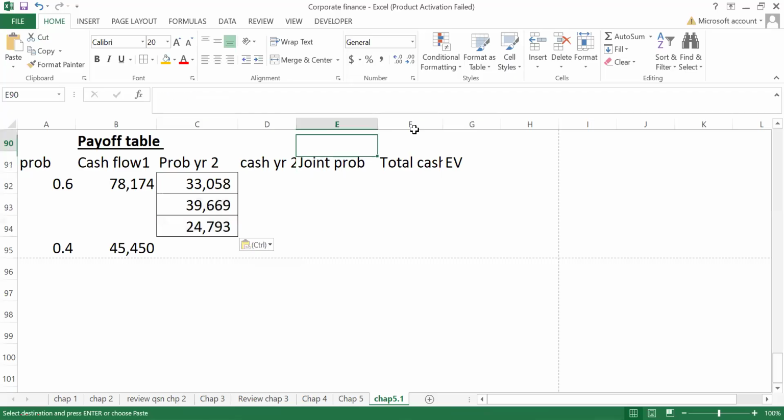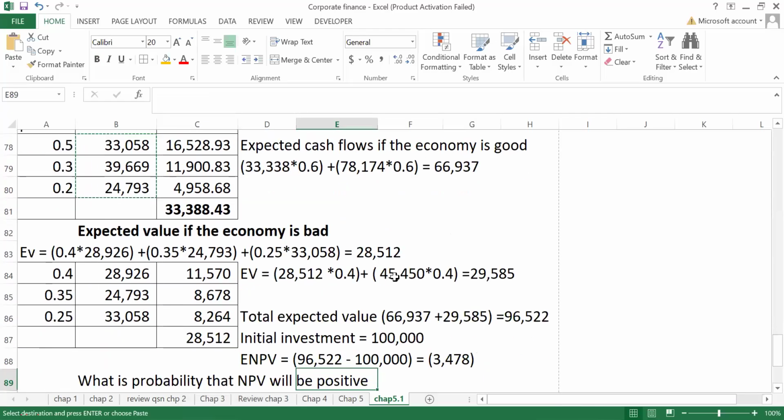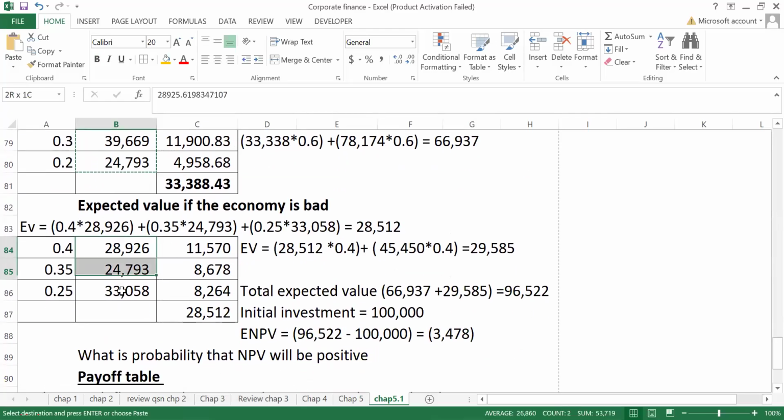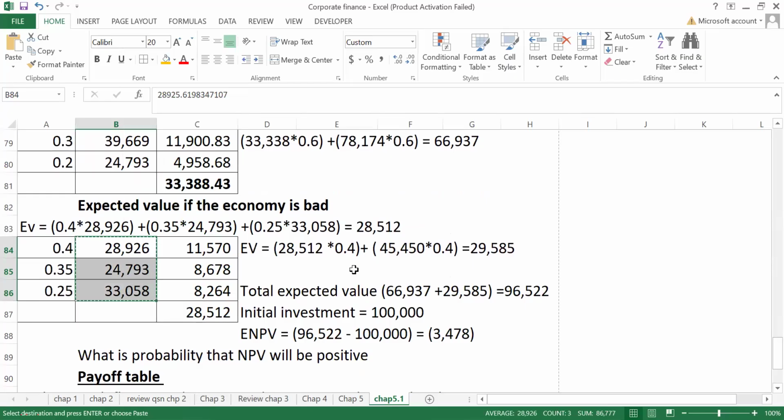And I can also copy the probability here. No, that one should go to a cash flow. You have put it in the column of probability.